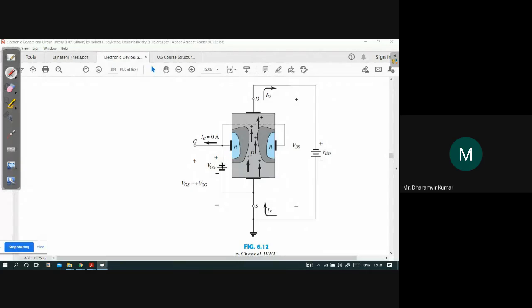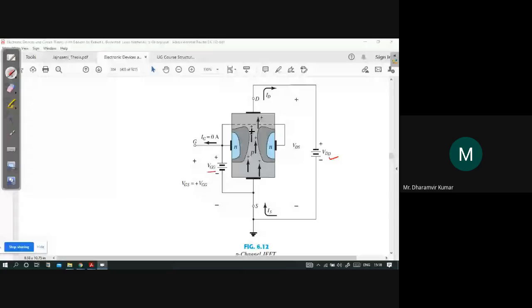And we will have a VD resistor over here which will drive the current between drain and source. Look here, the potential that we apply at the gate terminal, that is this VGG, is used for controlling the flow of current. It controls the space between the two depletion widths.